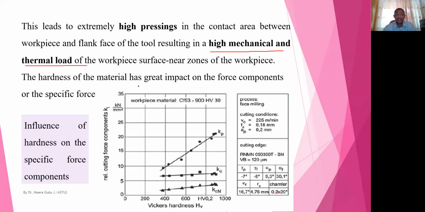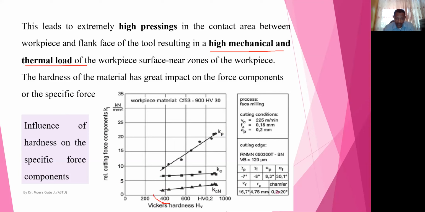The hardness of the material has great importance on the force components, we have said already. So this is research conducted here for different K value materials. K is the fracture toughness of the material. This is the Vickers hardness number. See here, the cutting force component is very low for the ductile workpieces.